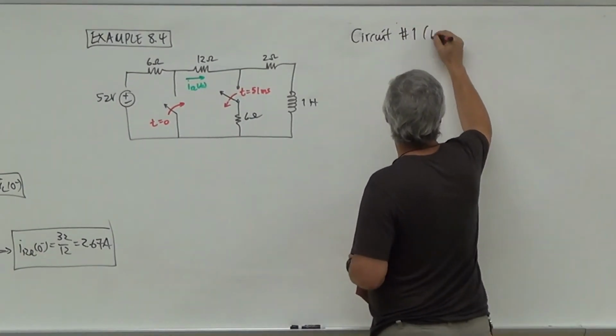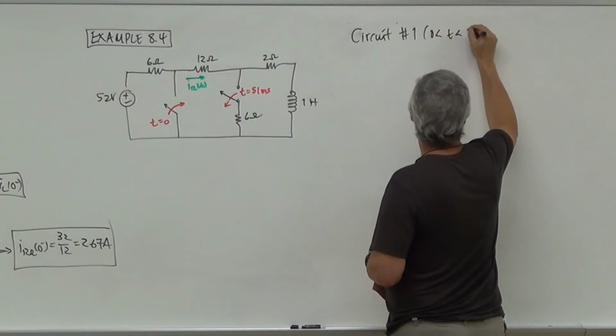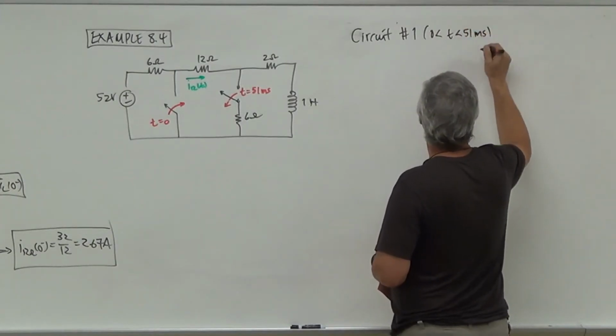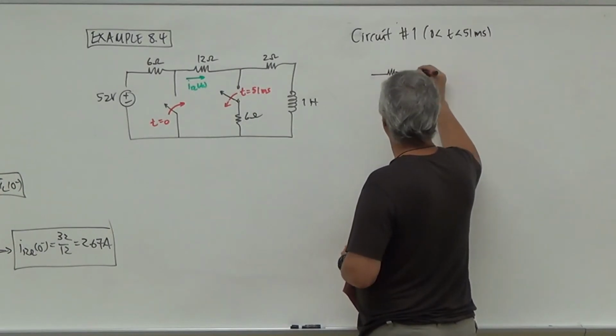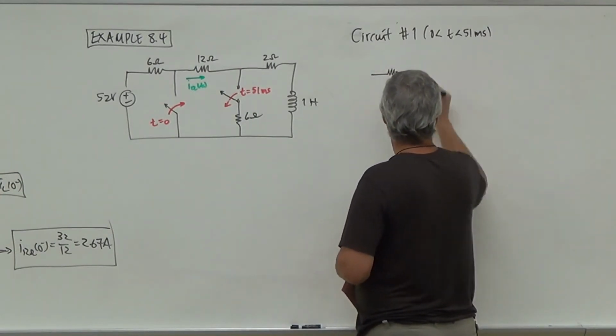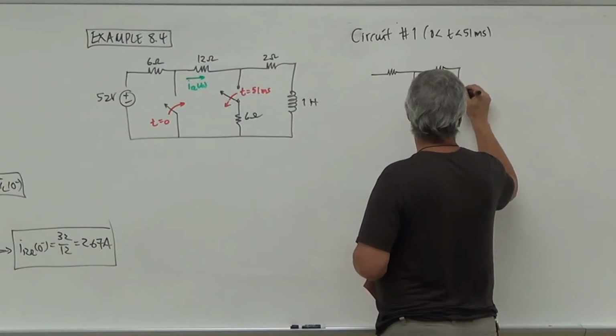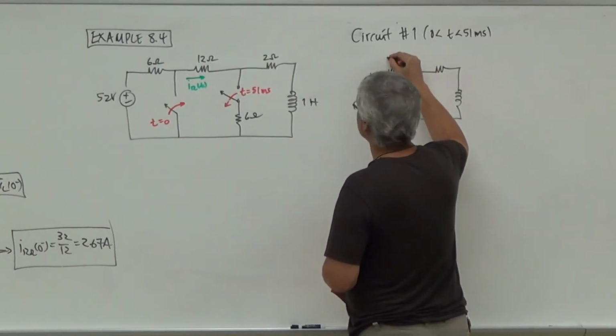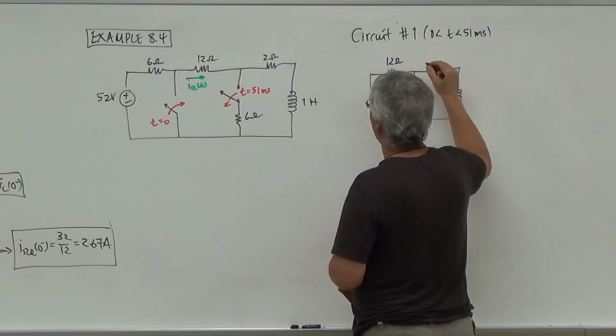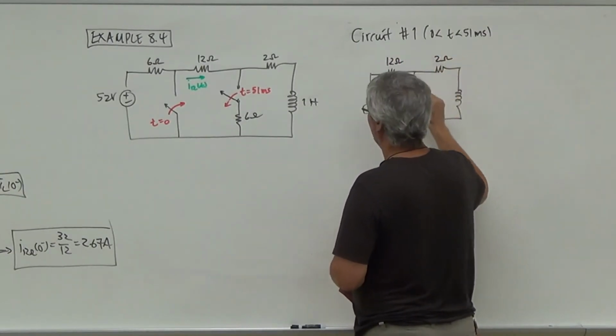So now I'm between 0 and t and 51 milliseconds. So when I look at this circuit here, this is what I have. This is 12, 2, 6.